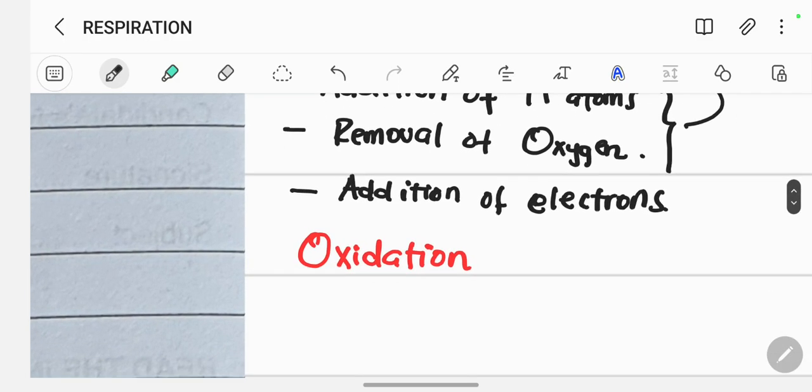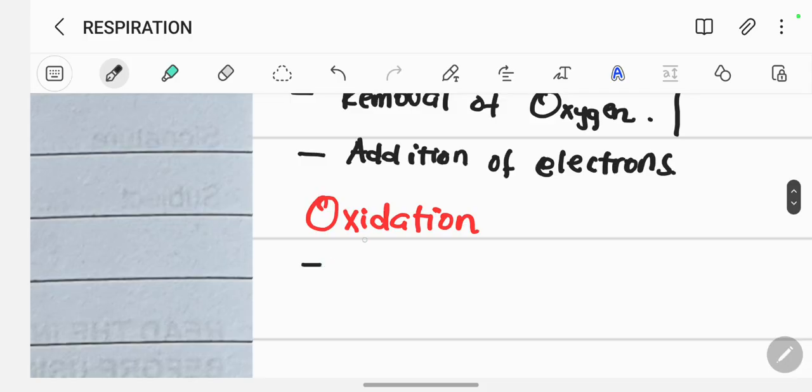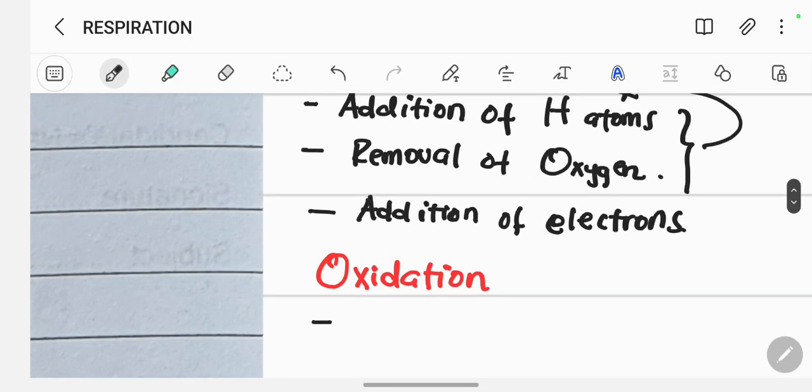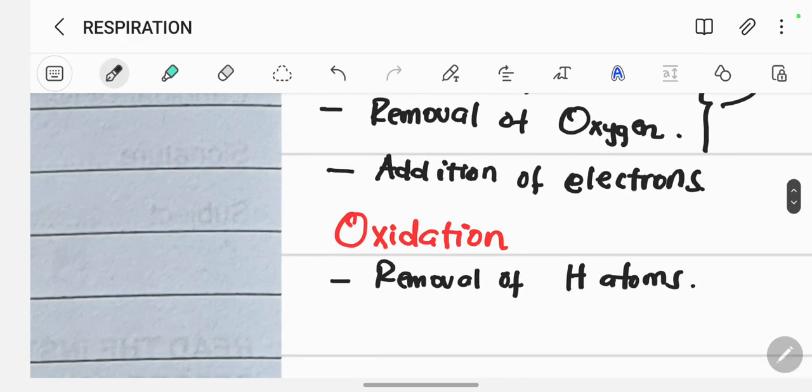Then for oxidation, I'm going to follow that criteria. We'll have removal of hydrogen atoms. We say that a molecule has been oxidized due to removal of hydrogen atoms.